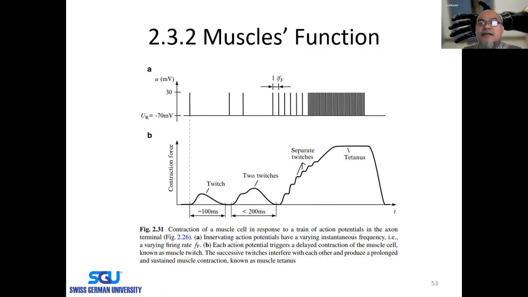Because of the high firing rate frequency like this, the twitches interfere and overlap each other, then cause a prolonged muscular contraction like this.